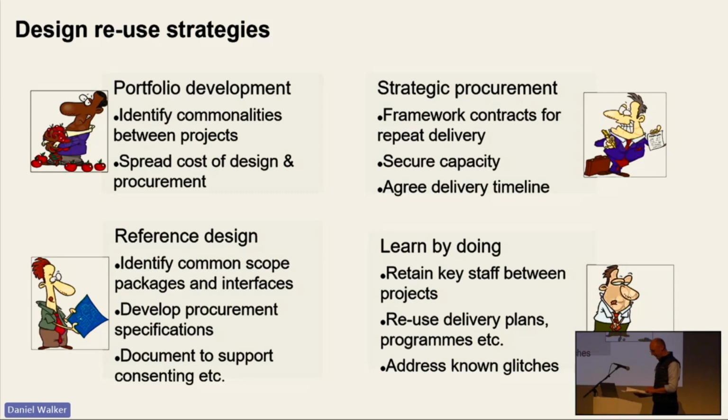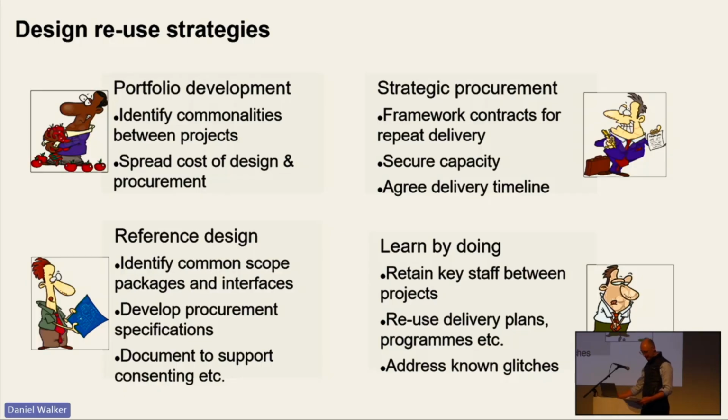So, here we come to the strategies. Firstly, develop a portfolio of similar projects in parallel. The shared aims and requirements of these projects will indicate the scope for design reuse and should directly inform the next strategy, which is to develop a reference design. Now, this is a blueprint for how you intend to realize your projects.